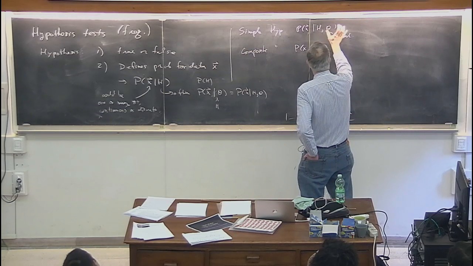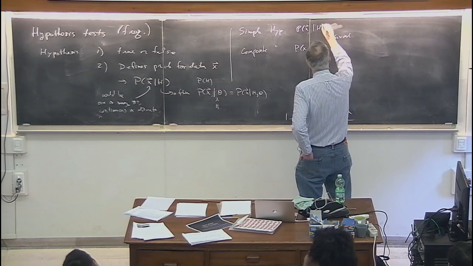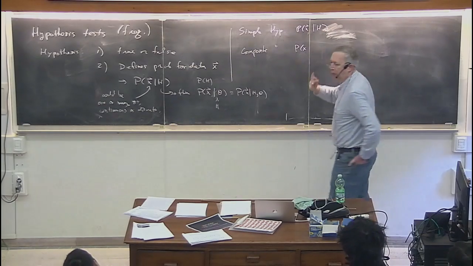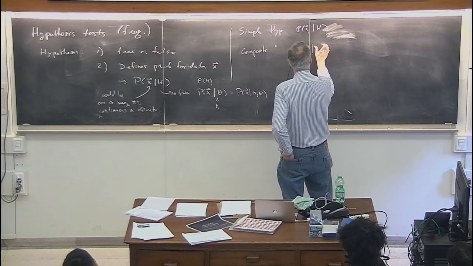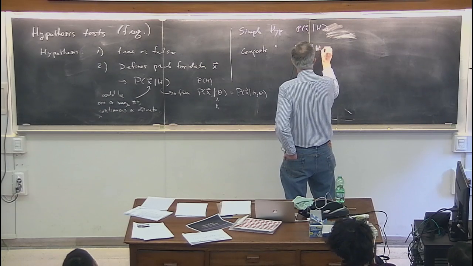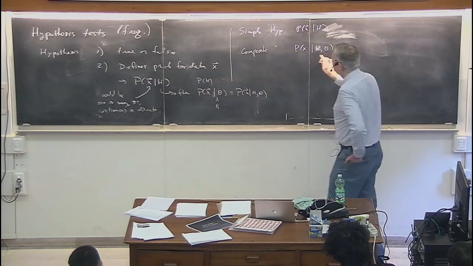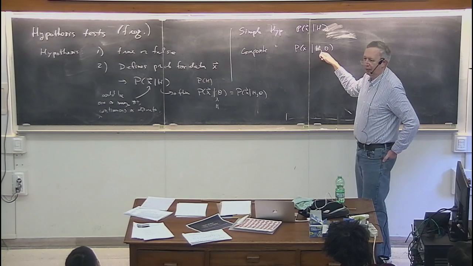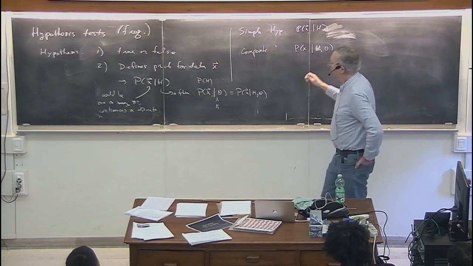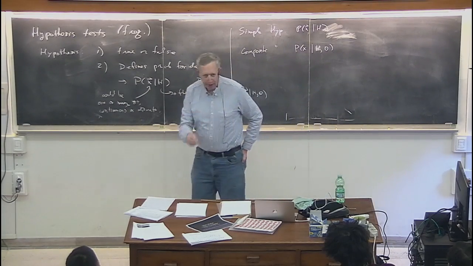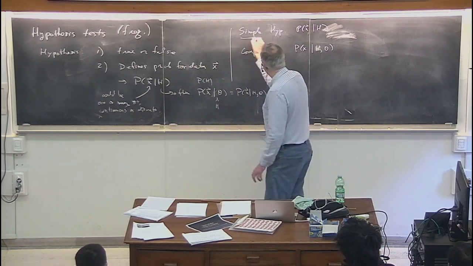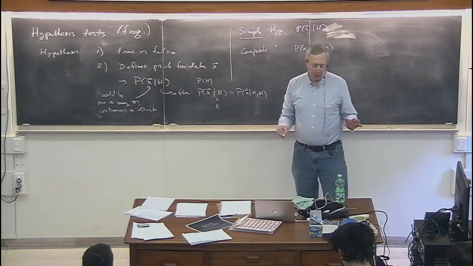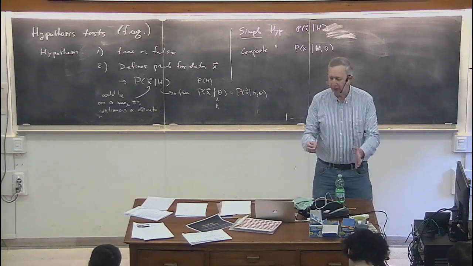No undetermined parameters in a simple hypothesis. In a composite hypothesis, what I have is a family of rules, and the family is labeled by some parameter or parameters. But in the type of hypothesis testing that I'm going to get into just now, I'm going to focus on simple hypotheses. I'm going to insist that the rule for the probability be completely specified.